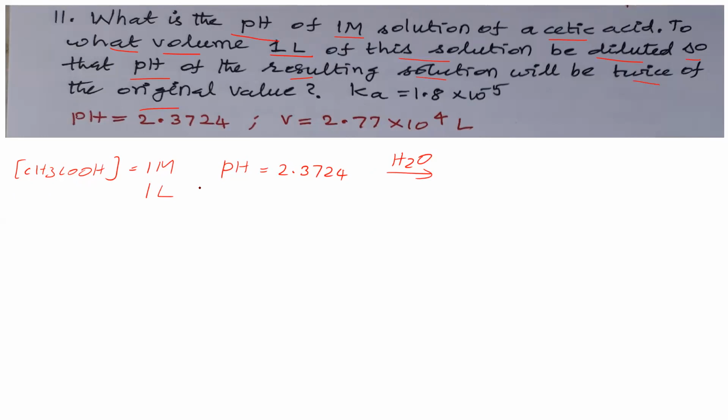We are diluting this one, so that the pH becomes twice the original value. Let us read again: to what volume must 1 liter of this solution be diluted so that the pH of the resulting solution will be twice the original value?